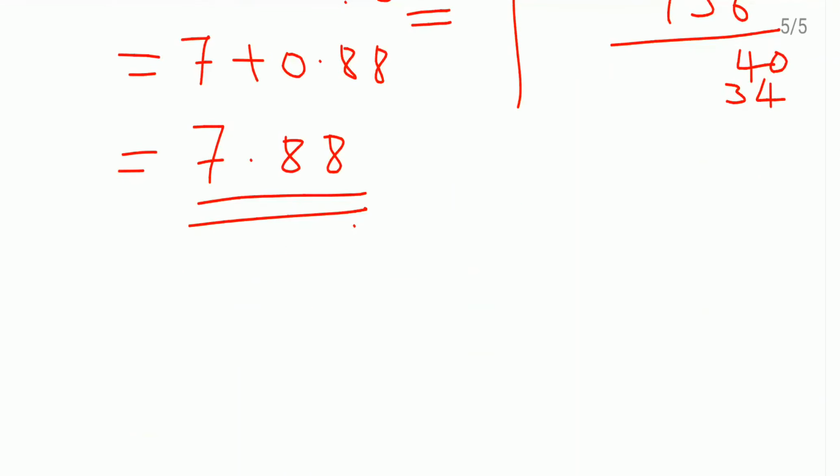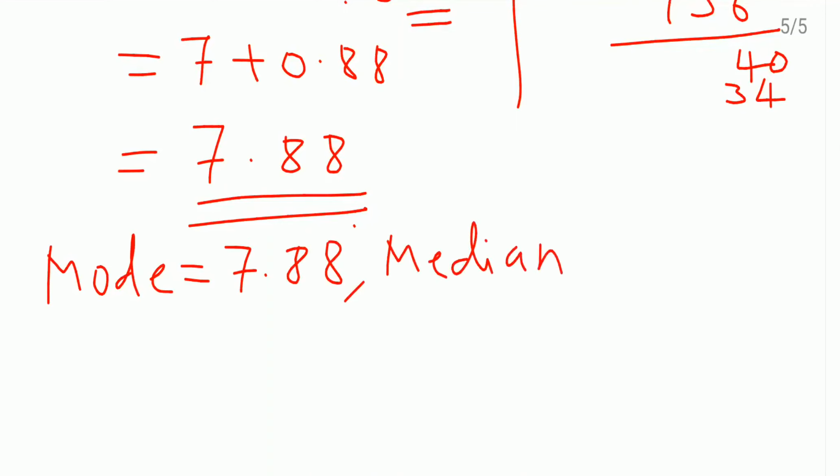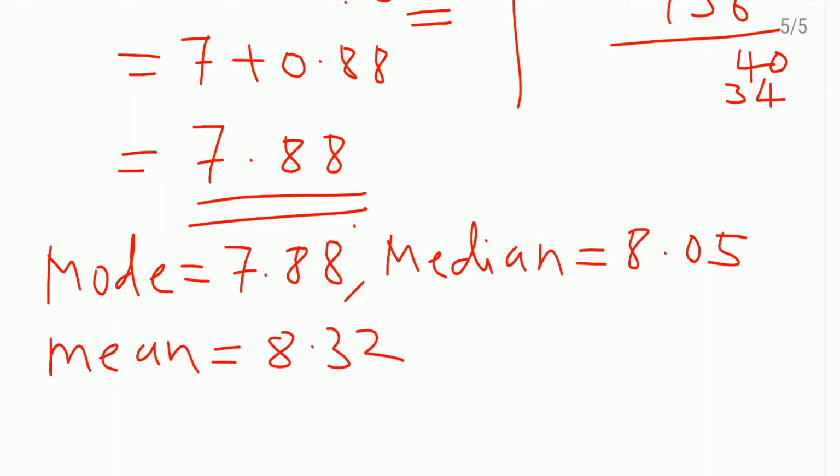Now I'll just write it down. Mode is equal to 7.88, then median is equal to 8.05, and mean is equal to 8.32. Just observe these values. Mode, this value is approximately 8.